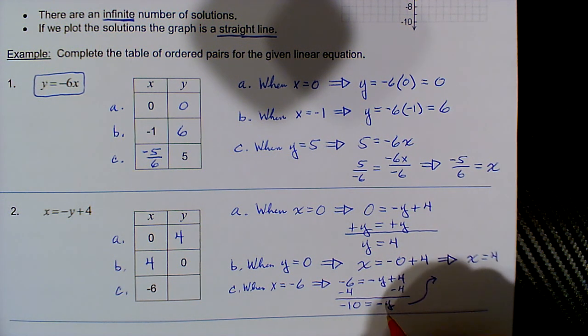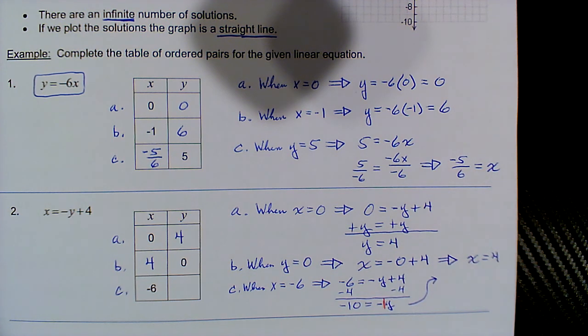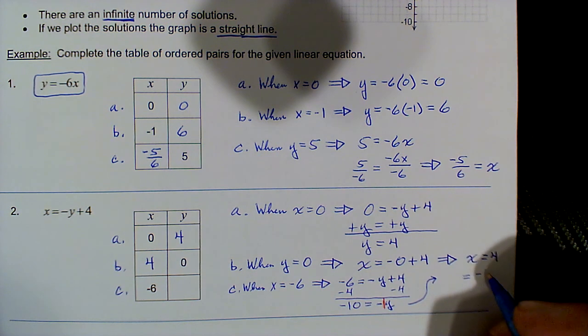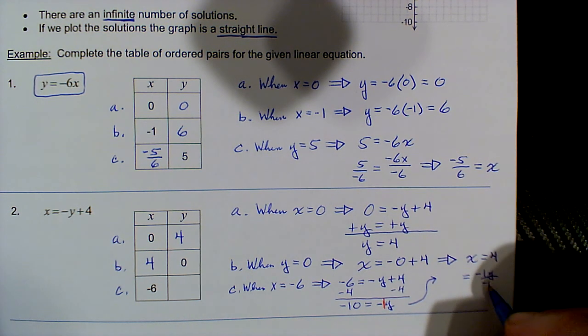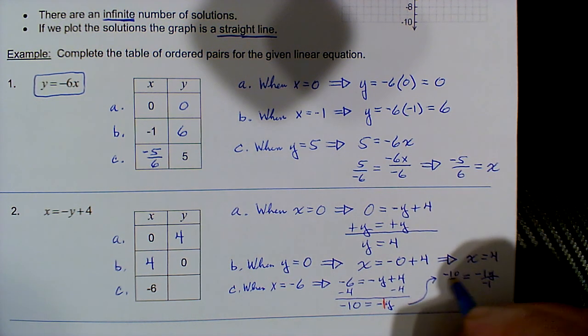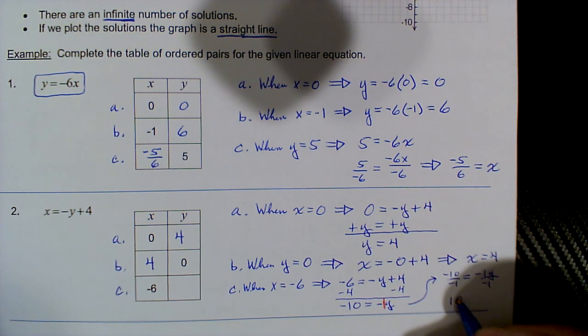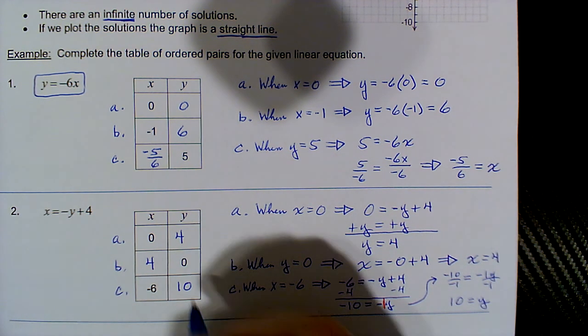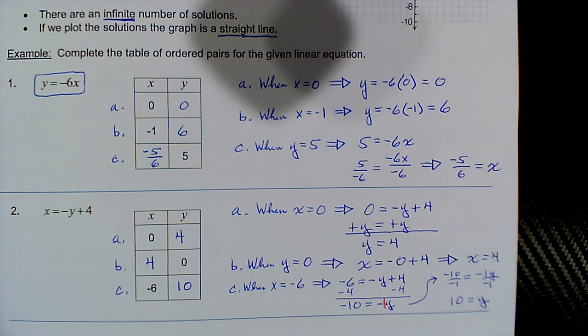And there's a 1 in front of that. It's a -1. So you could either think of multiplying or dividing by -1. I'm going to think of dividing by -1. And so we get that y is 10.